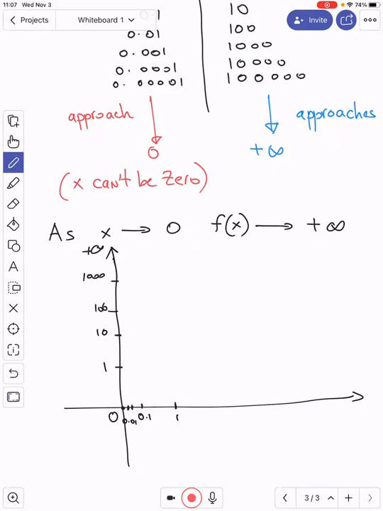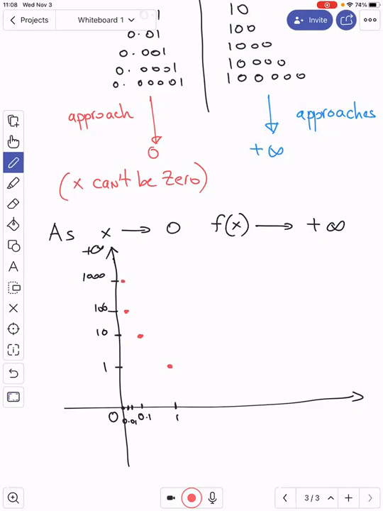So the graph is going to be like this. f of 1, of course, is 1, since 1 over 1 is 1. When x is 0.1, that will be 1 over 0.1, which is 10, so it's going to be somewhere right here. When x is 0.01, f of x would be 100, then 1000.